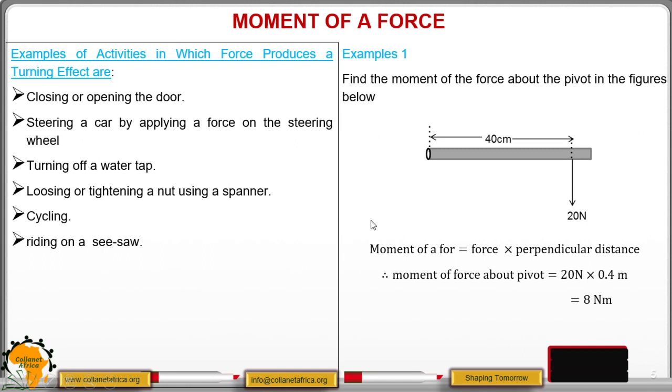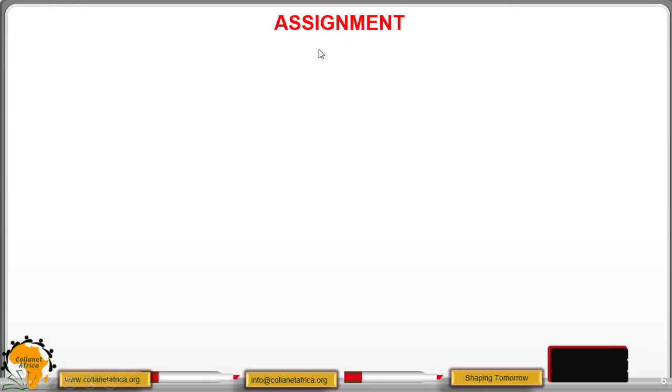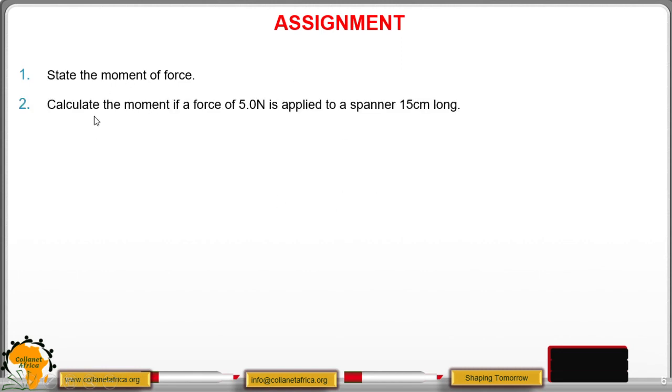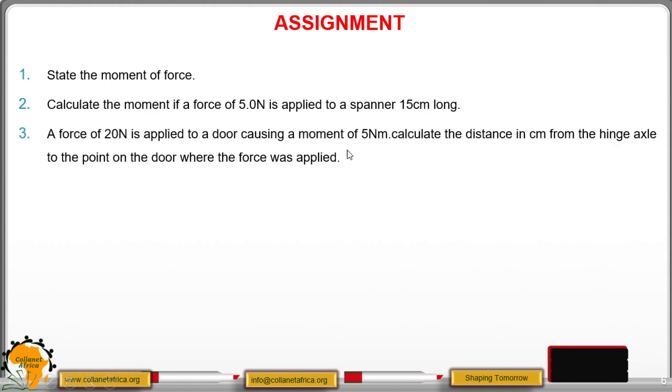To test whether you have understood all this, it is always good you go through the assignment here. We have some very good questions that will help you to understand the moment of a force, and as you do them, ensure that you have written the units wherever we have calculations.